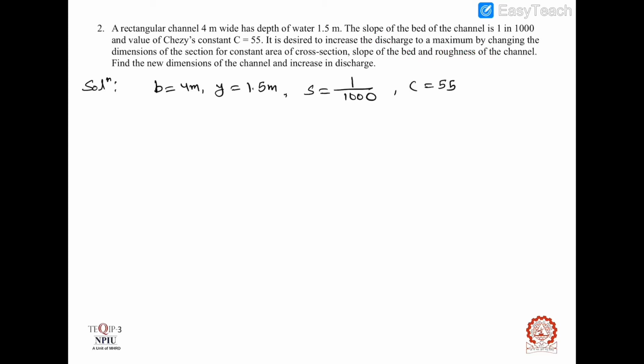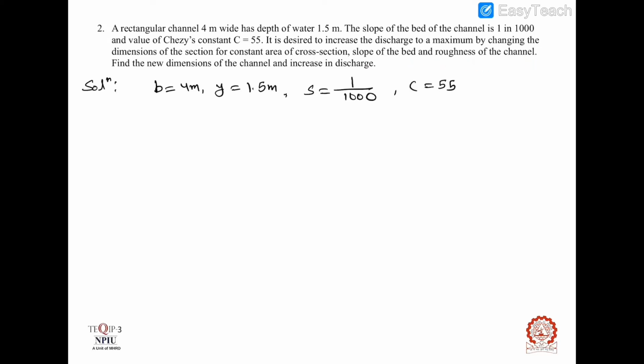For these given dimensions, B is equal to 4 meter and Y is equal to 1.5 meter, whatever this rectangular channel flowing the water, that discharge, we have to increase to the maximum by changing the dimensions of the section for constant area of cross section, slope of the bed, and constant roughness of this channel.